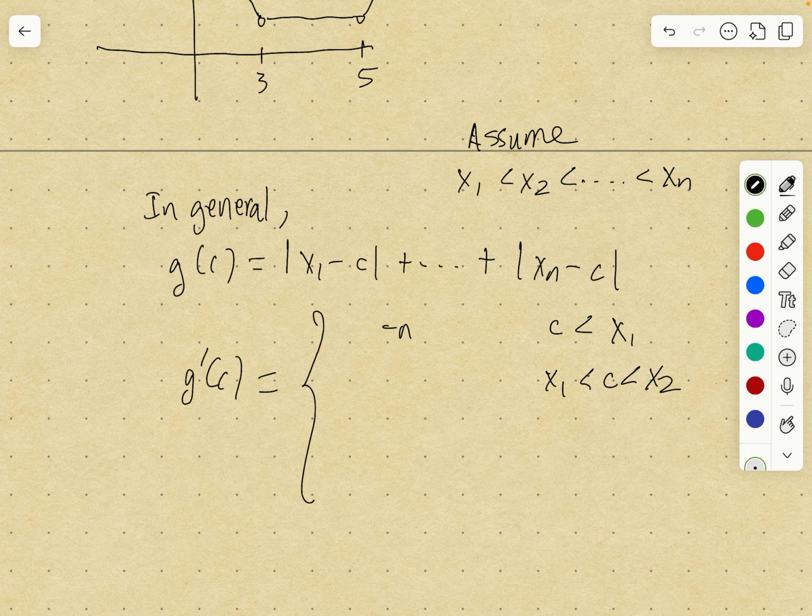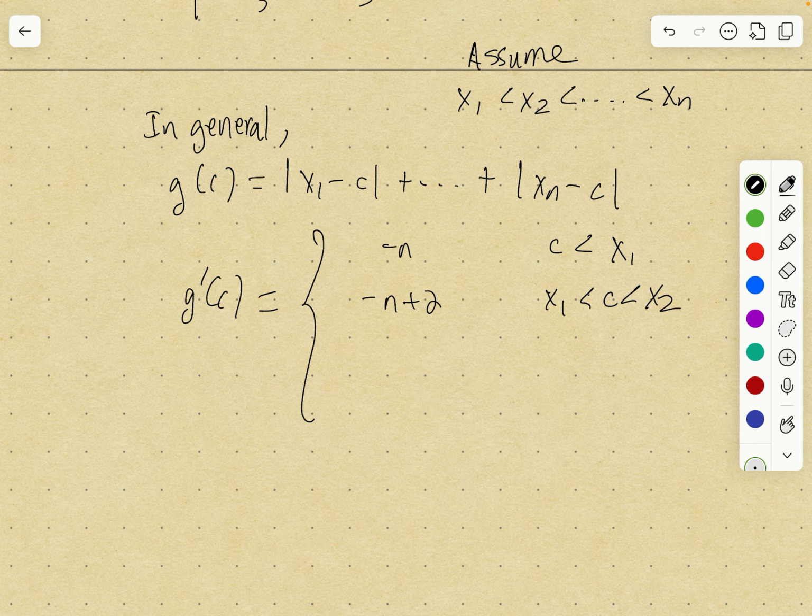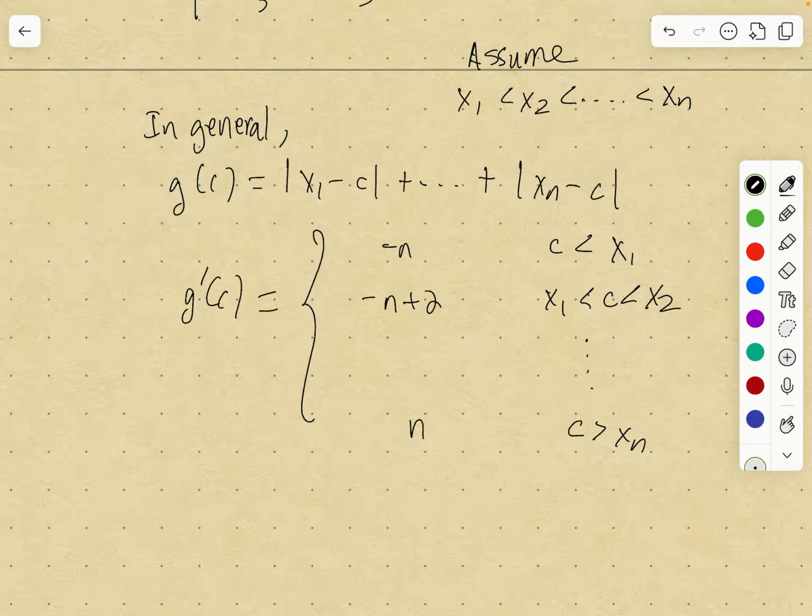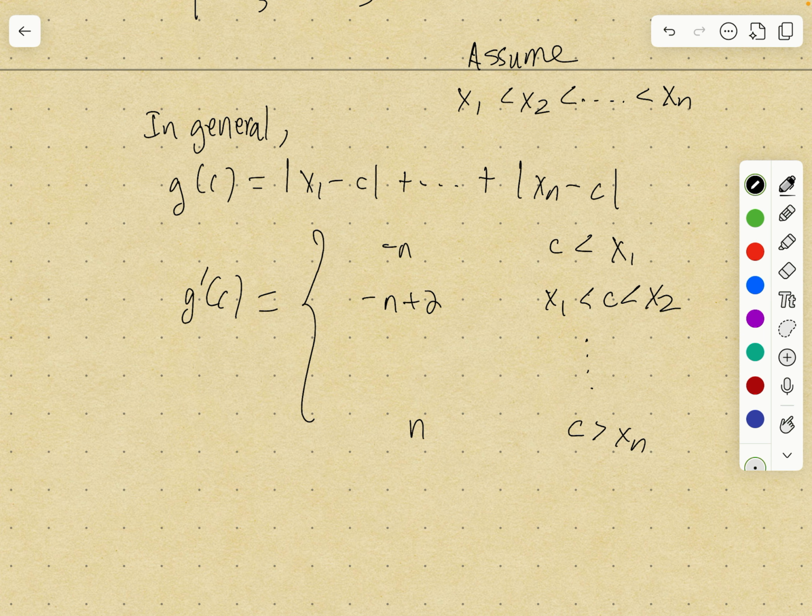But I think it's just going to be n minus 2, or -n plus 2. And so on, up to when c is greater than xn, it's just going to be n. Okay?